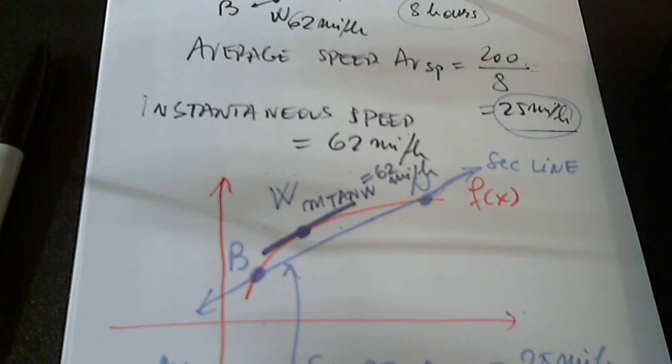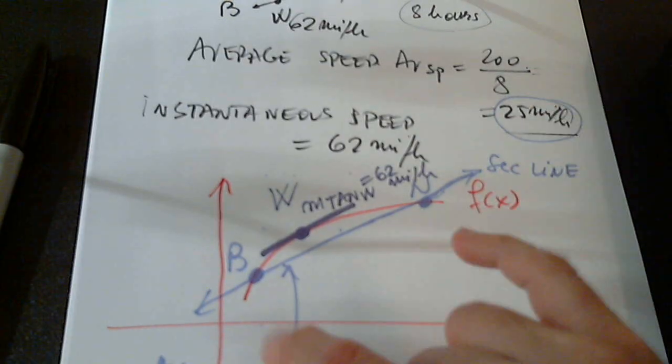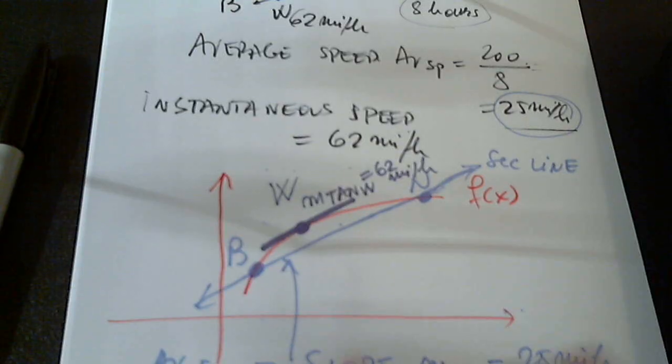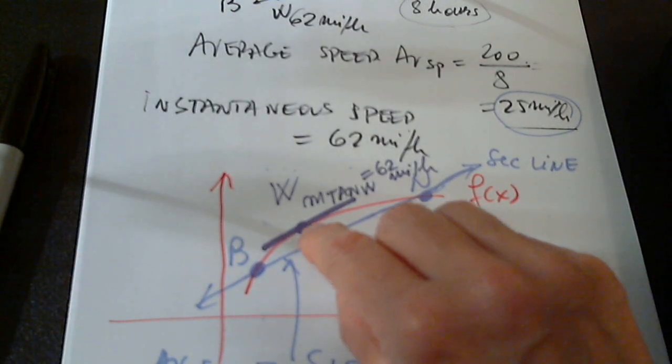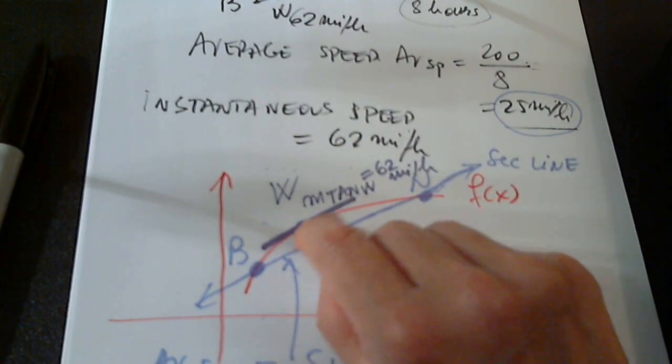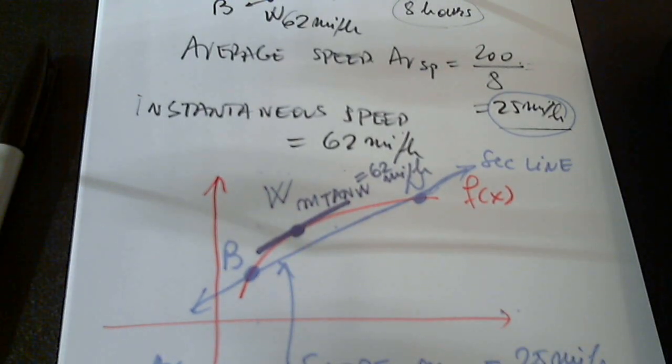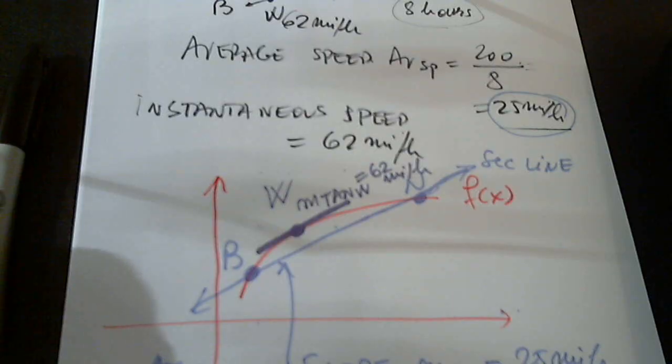My graph is deceiving a little bit. They should not be parallel. There's two lines. So this should be steeper and this should be much smoother. So this is the average speed, which means nothing else but the slope of the secant line. And this, the 62 miles an hour, is nothing else but the slope of the tangent line at this point. Keep this in mind because this is half of the course, basically, understanding this concept.